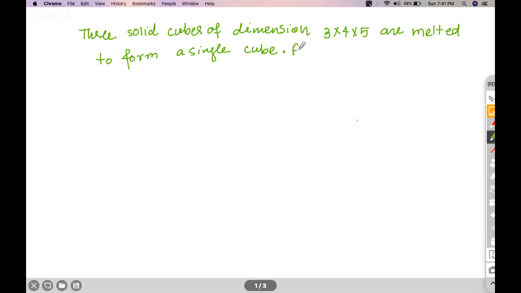Find the lateral surface area of the new cube.